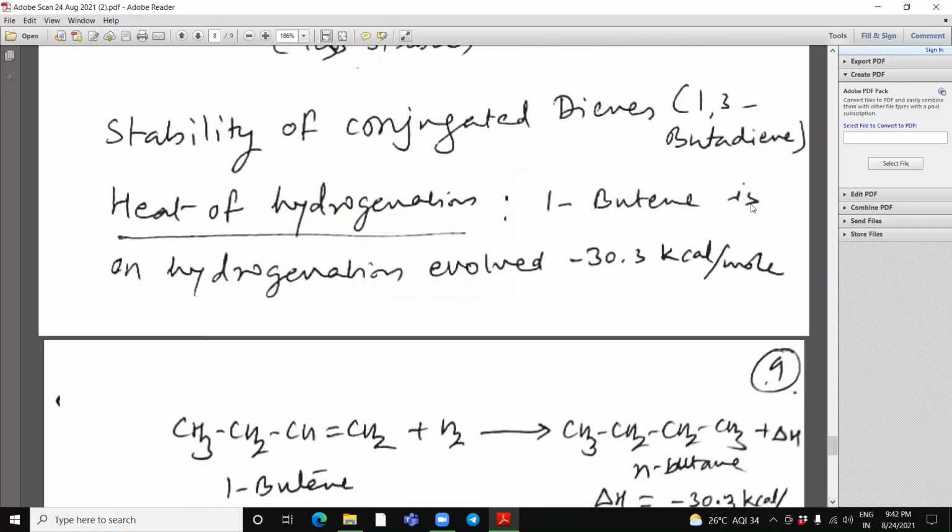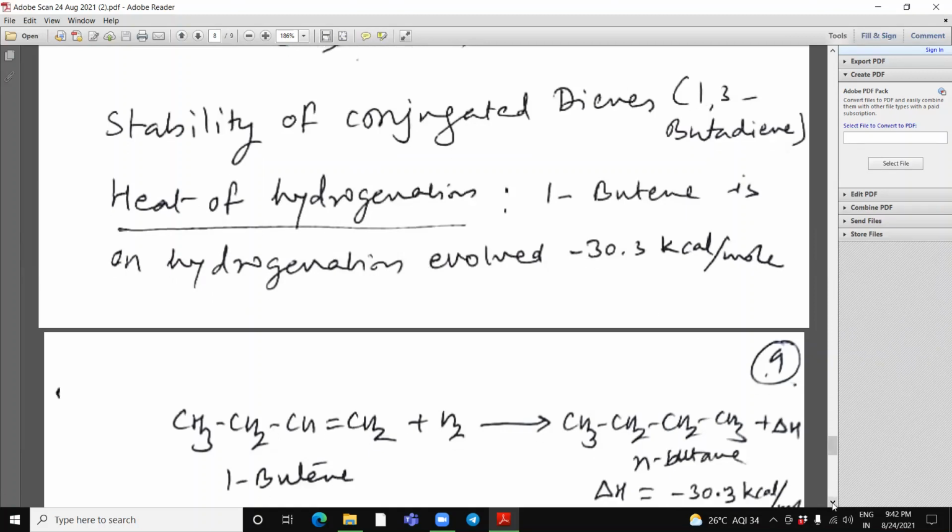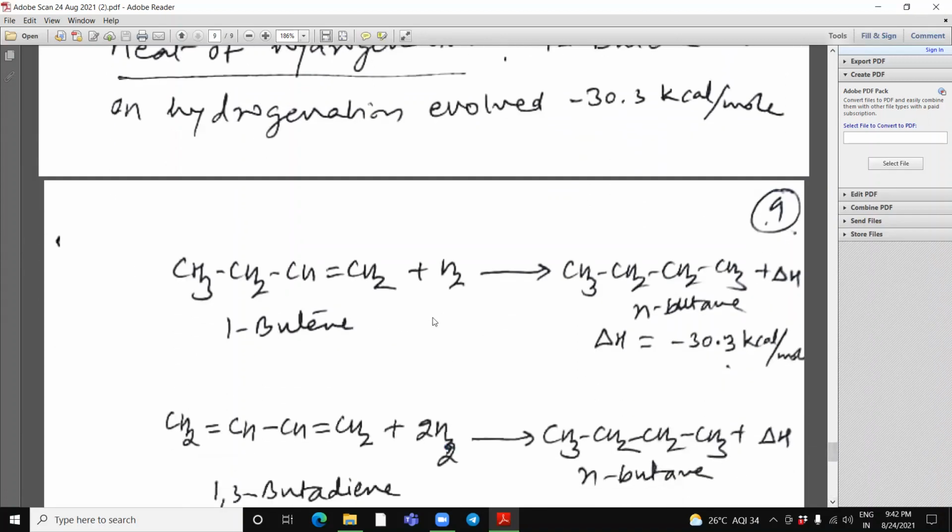Stability of conjugated dienes. Heat of hydrogenation. 1-butene on hydrogenation evolves minus 30.3 kilocalorie per mole.